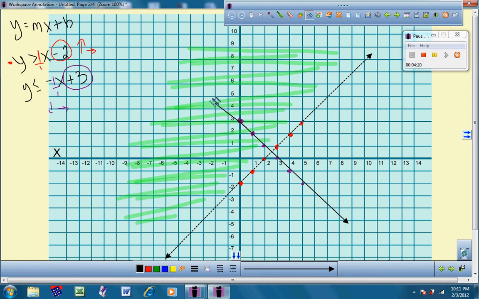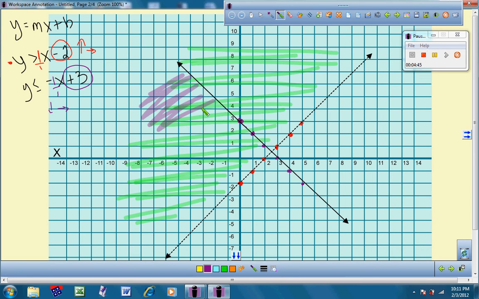I'm going to extend it in the other direction. Great. Now we've got to figure out where to shade. Alright, less than or equal to means I'm going to shade everything that is below the line. If you're using a pencil, then you're just going to shade in a different direction. I'm using a highlighter so I get to use the color.